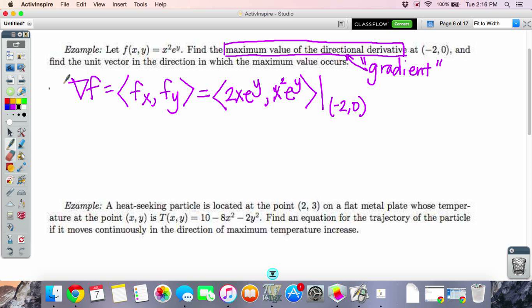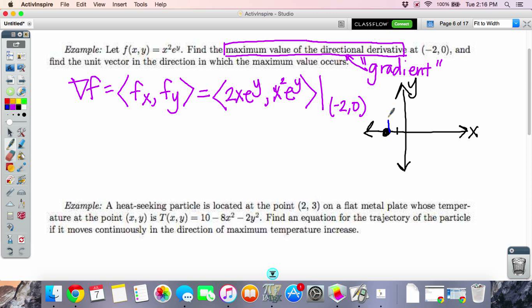So just to clarify what we're doing here, we've got some function. It's a 3-dimensional picture, really, but I'm going to imagine that the z direction comes out of the paper toward you, so I'm not going to draw it. I'm standing at this point -2, 0. I'm standing on this weird function, and I'm saying, which way should I walk so that I go the most uphill?